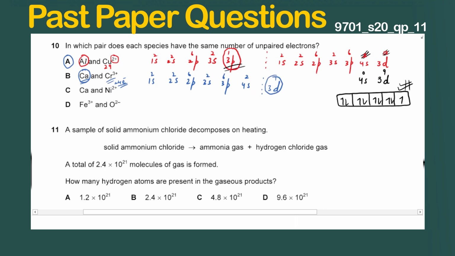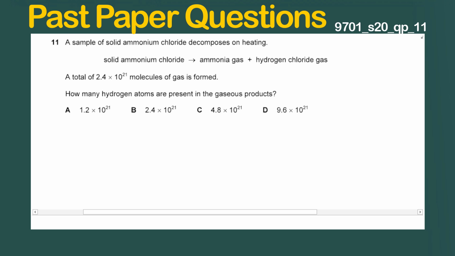So with 21 electrons, 3d1 will be written after this. Okay, so they do not have the same number of unpaired electrons, so that's why this is not the correct answer. So C and D are also not the correct answers. A must be the answer.